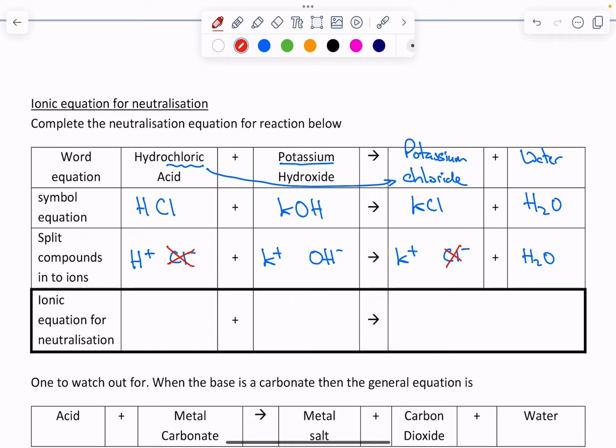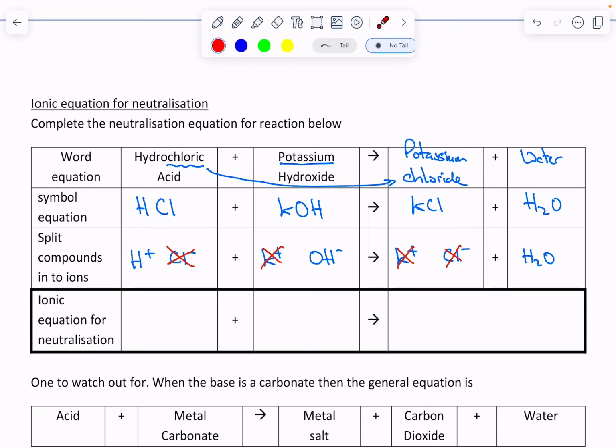If I look at the hydrogen ion, H+, on this side I haven't got a hydrogen ion, so that needs to stay in the equation because that is not present here, so it's changed. I have to keep it in because it's changed. This side I've got K+, I've also got K+ here, and they're both exactly the same as each other, so we can get rid of those two.